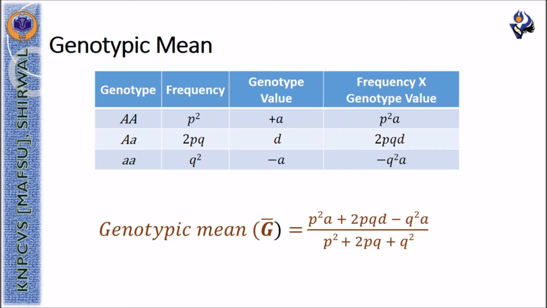Now, the genotypic mean of this particular population can be calculated with the help of the frequency of the respective genotypes and their genotypic values.